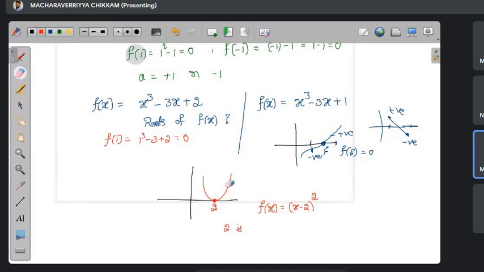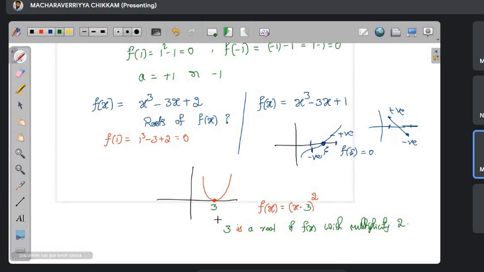This 2 you may confuse, so let me take 3 here, that would be better. So now it is very clear that 3 is a root of f of x with multiplicity 2.